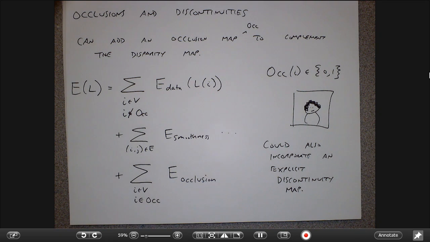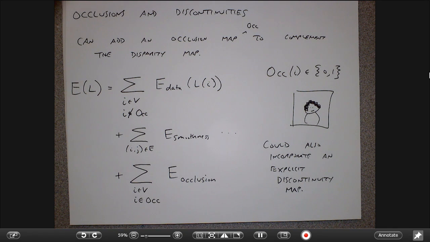So you can make a map that says 1 if this lies on a depth discontinuity, 0 if it's part of a continuous surface, and then you treat pixels on or near discontinuities differently than those on smooth surfaces. For example, you would not penalize labeling differences across the discontinuities, because you expect some disparity corresponding to a difference in depth across discontinuities. This is a way to make your algorithm a little more robust. Instead of treating every pair of pixels across an edge the same, you treat them differently depending on whether you estimate that they're discontinuous or not.